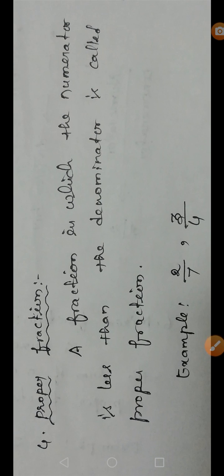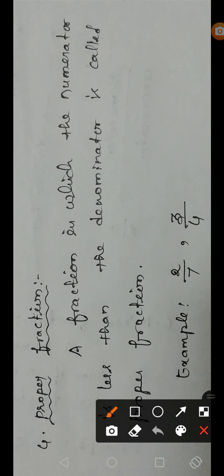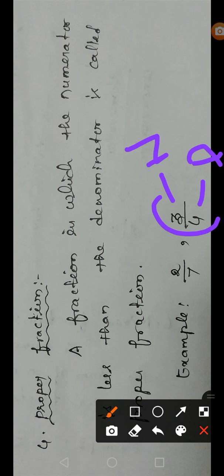Another one, proper fraction. A proper fraction is a fraction in which the numerator is less than the denominator. Do you understand? This is a numerator, 3 is the numerator, and the denominator is 4.